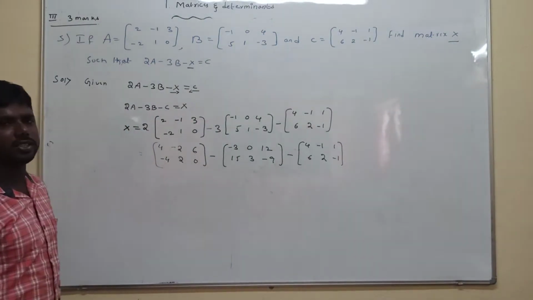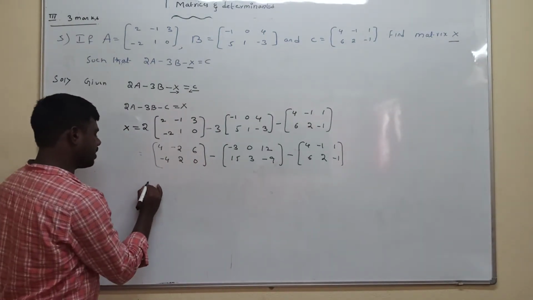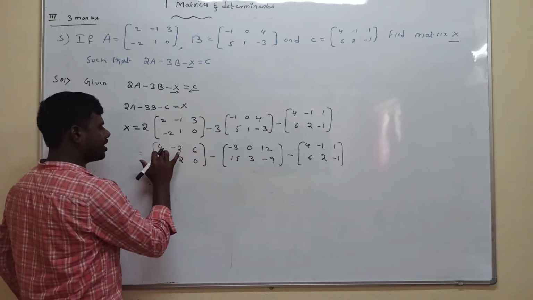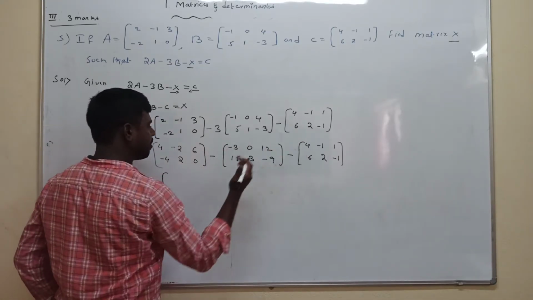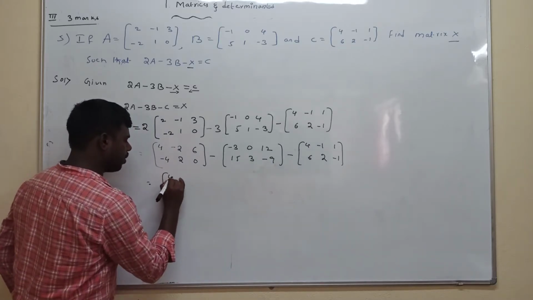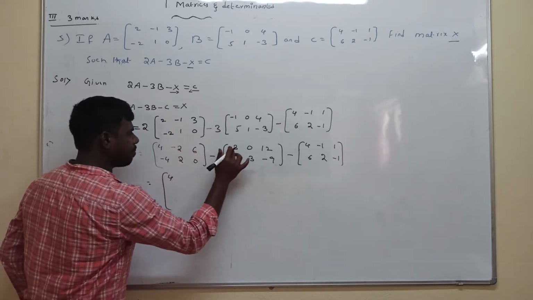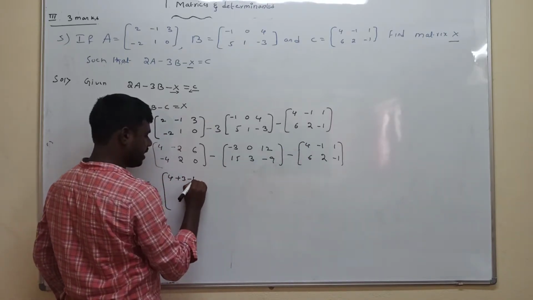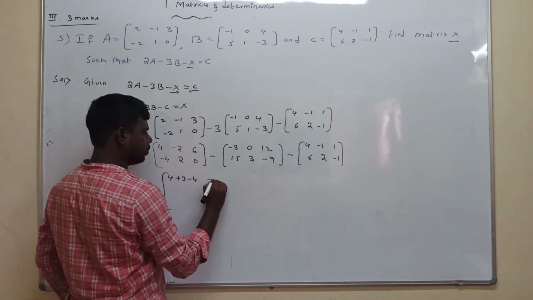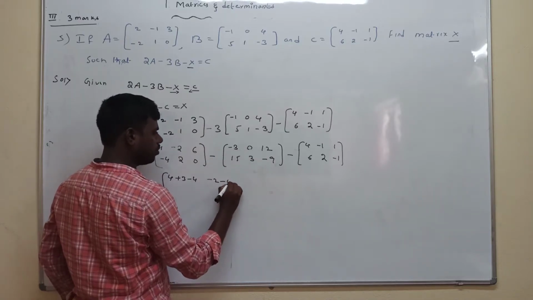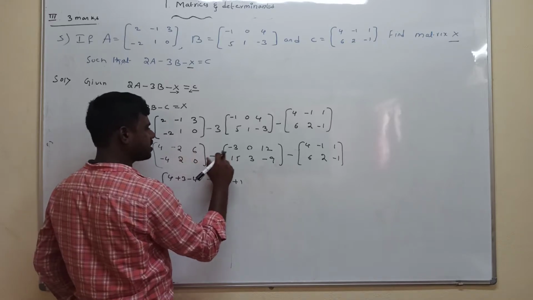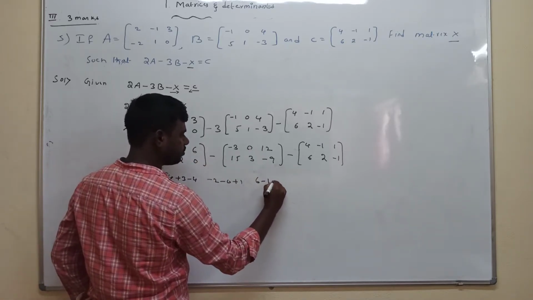Now we subtract the corresponding elements: first element minus first element minus first element, like that. The first element is 4, minus of minus 3 is plus 3, here minus 4. Next, second element: minus 2 minus 0, minus of minus 1 is plus 1. Next, third element: 6 minus 12 minus 1.